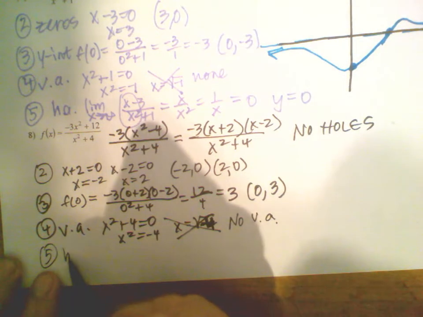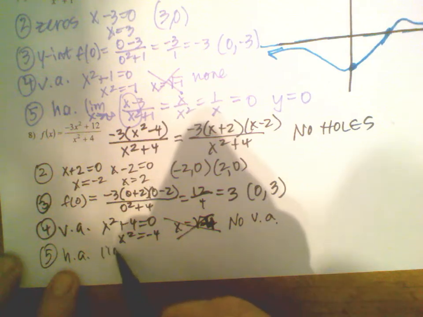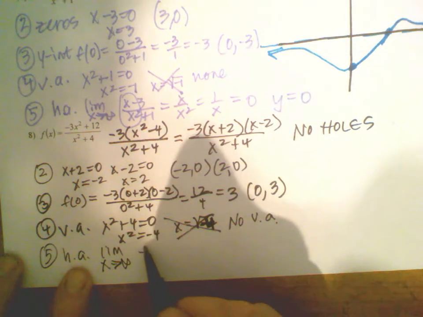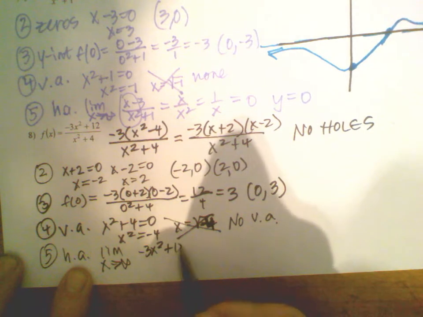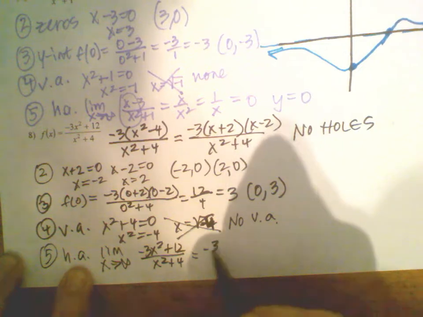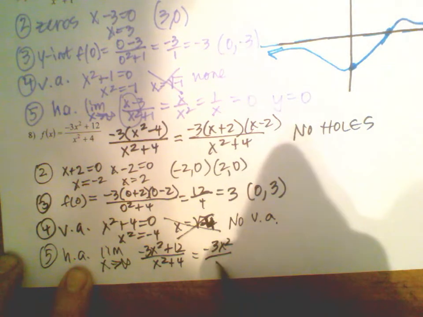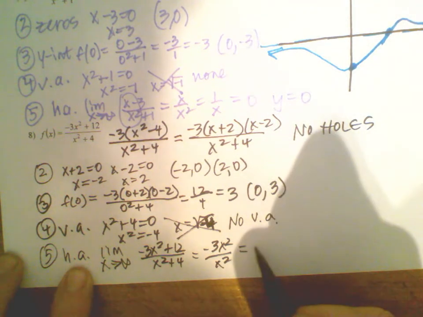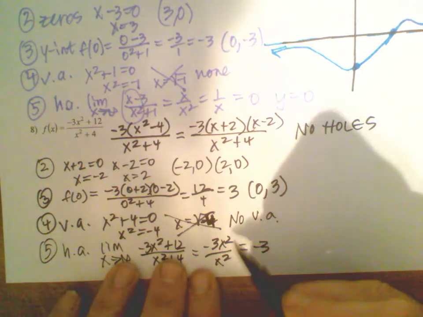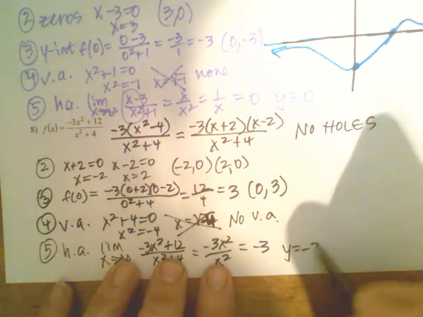And then lastly, I do my horizontal asymptote by doing the limit as x approaches infinity. And this one would be -3x squared plus 12 over x squared plus 4. That leaves me -3x squared over x squared, or -3 when I do my limit. Neutral situation, so y equals -3.